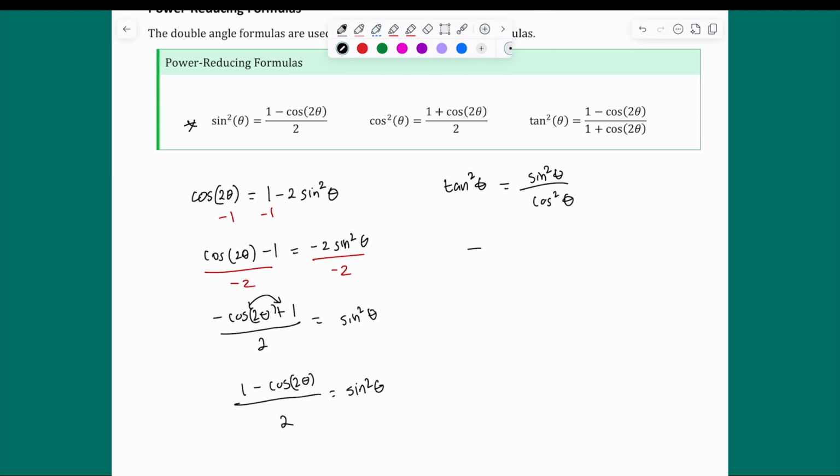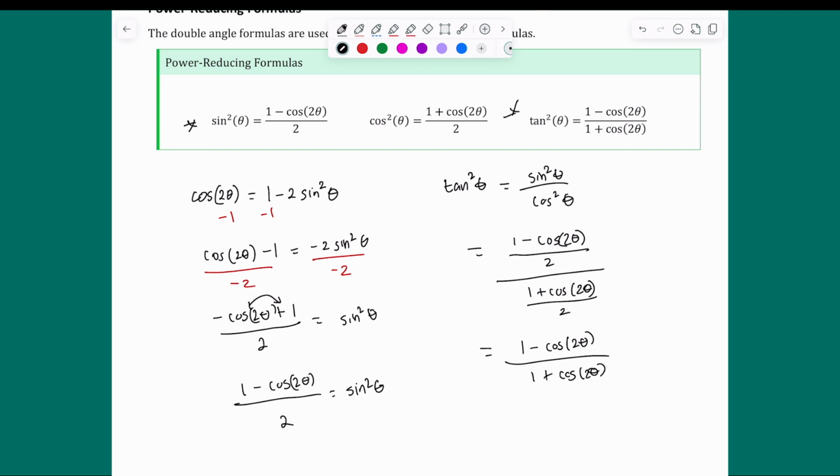So if you assume the power reducing formulas on the right here, we know the sine squared could be reduced to 1 minus cosine of 2 theta all over 2, and then that can be divided by cosine squared of theta, which is 1 plus cosine of 2 theta over 2, which leaves you, basically the halves cancel out, leaving you with 1 minus cosine of twice the angle all over 1 plus cosine of twice the angle. And that's exactly the right hand side of the squared power reducing formula for tangent.